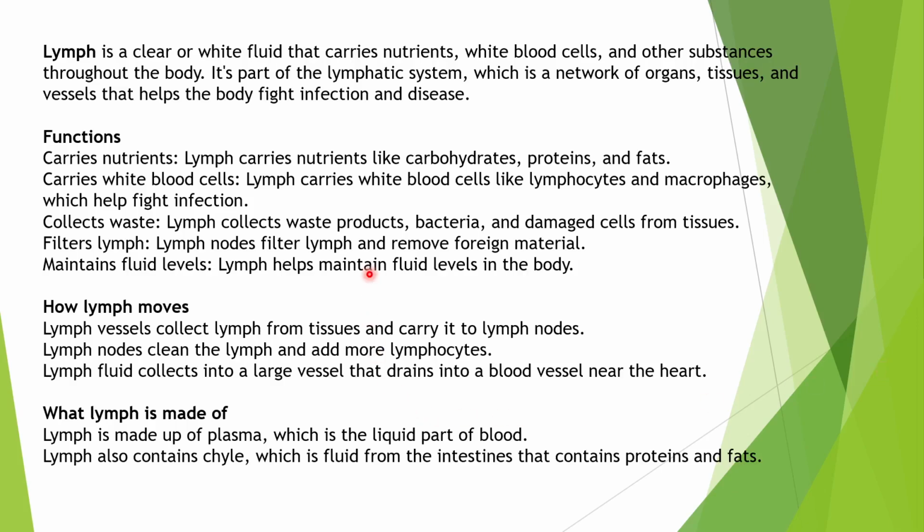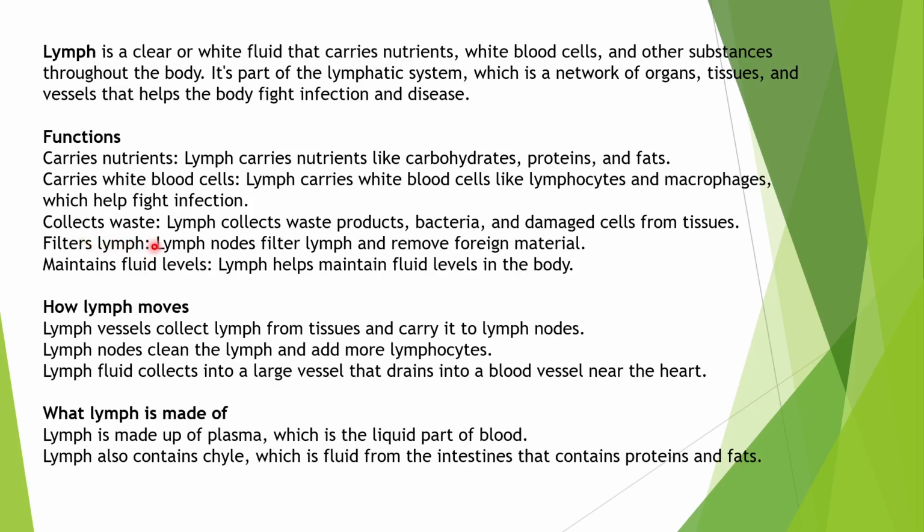So what is the function? It carries nutrients. Lymph carries nutrients like carbohydrates, proteins, and fats. It carries white blood cells like lymphocytes and macrophages. This helps in fighting infection, as these are the major immune cells, and it also collects waste.